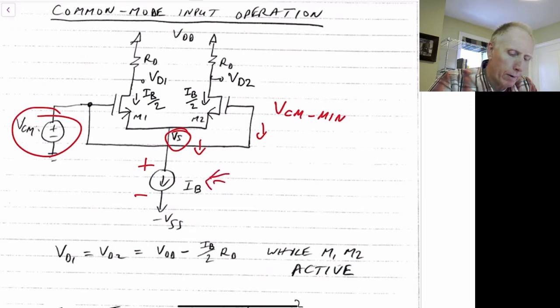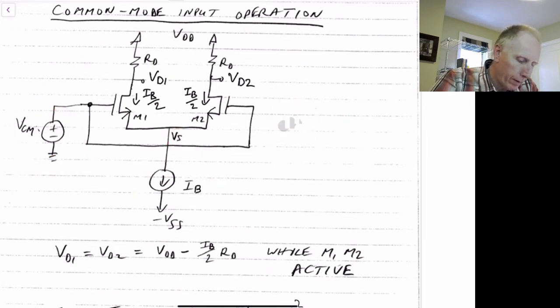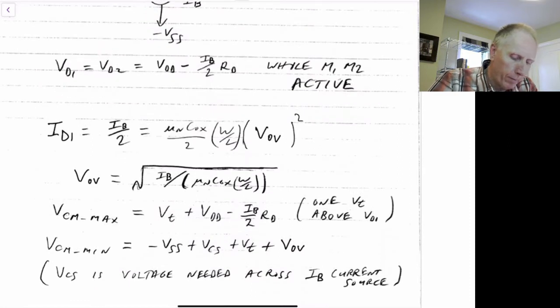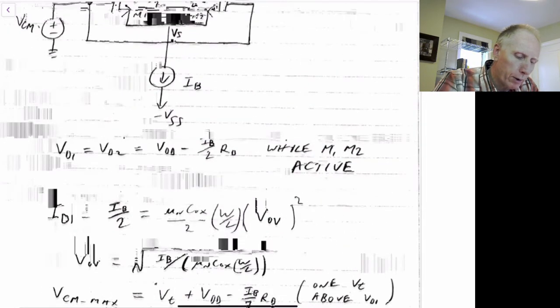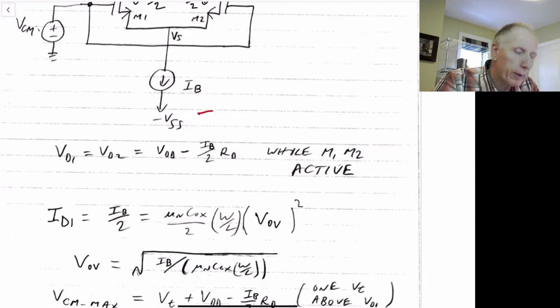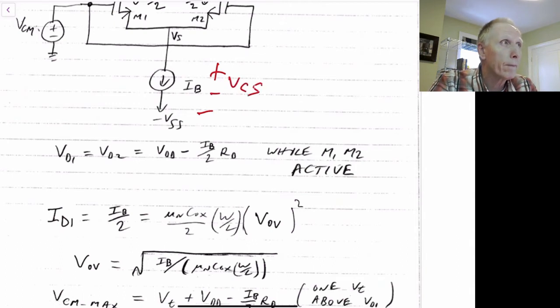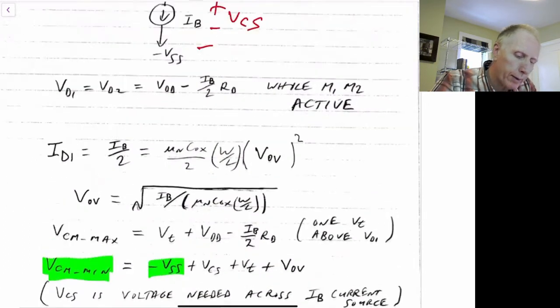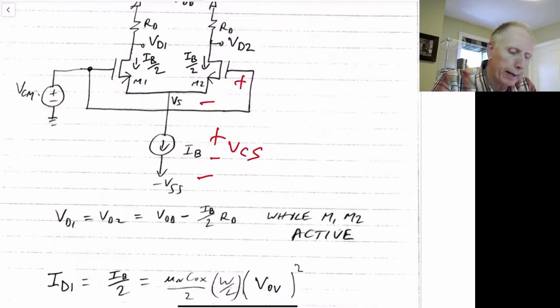So we can see that the minimum, VCM minimum, is going to start off with the negative supply, so it's going to be this voltage plus this voltage here, which is V sub CS. We're going to find this as V sub CS. Plus the voltage across here, which is the gate to source voltage, which will be VTN plus V overdrive.